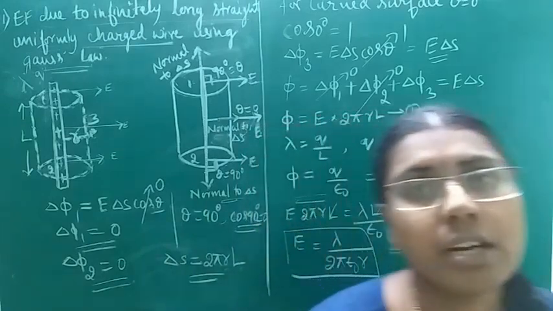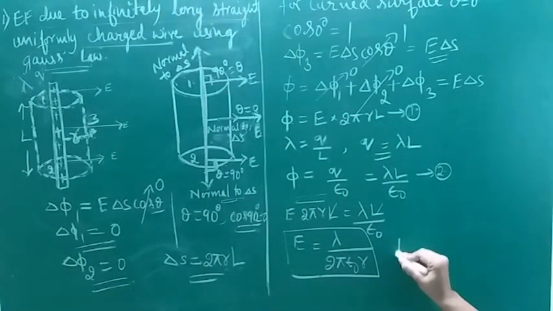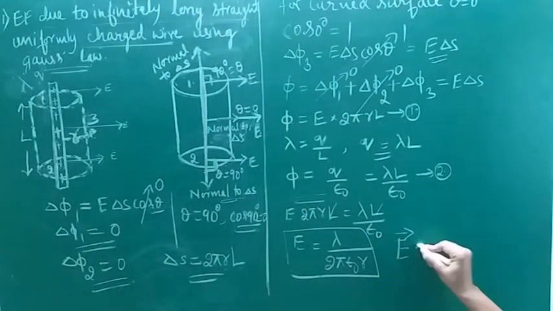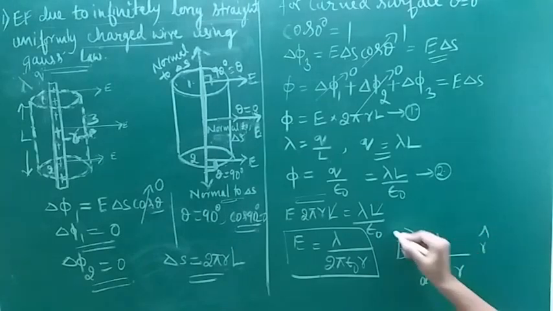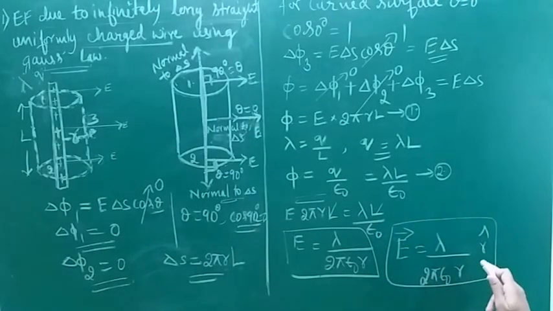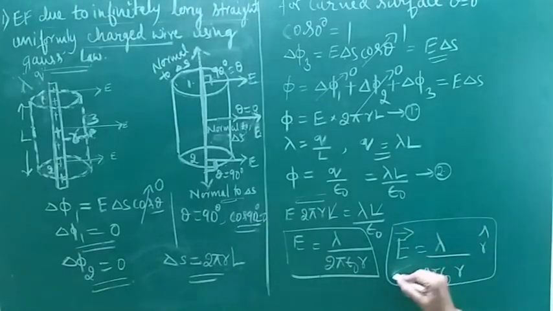In vector form, the same expression can be written as vector E equal to lambda divided by 2 pi epsilon naught r into r cap, where r cap is a unit vector acting along the direction of the electric field.